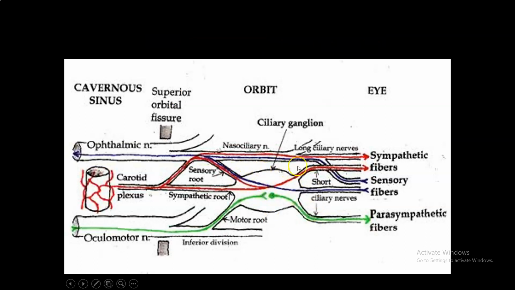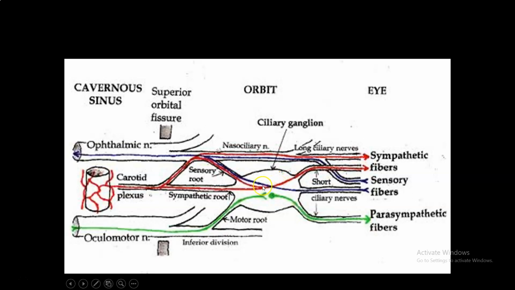Here is the diagram of the ciliary ganglion, and you see that the oculomotor nerve, parasympathetic fibers relaying in the ganglion and giving the ciliary nerves, parasympathetic to the 2 intrinsic muscles of the eye, and the ophthalmic division, the blue line, sensation, passes inside the ciliary ganglion without relay, forming the short ciliary nerve, or outside the ganglion forming the long ciliary nerve.